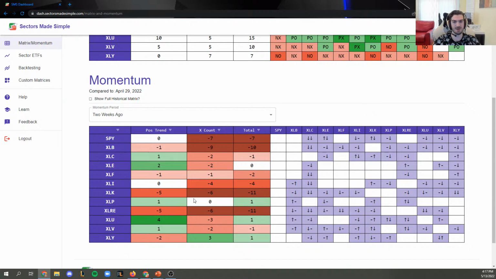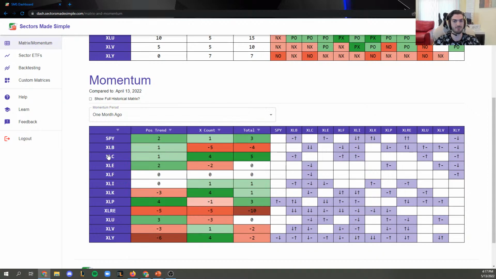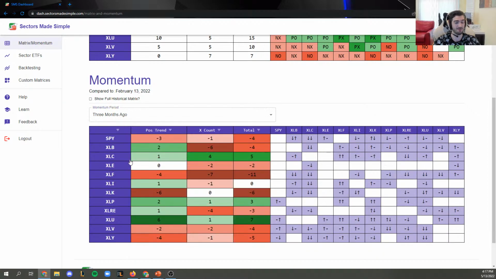XLK, XLRE, both the same, -5, -6, -11. We're seeing large losses across the board. So let's look back even further. 1 month and 3 months. We get to see it all right away.